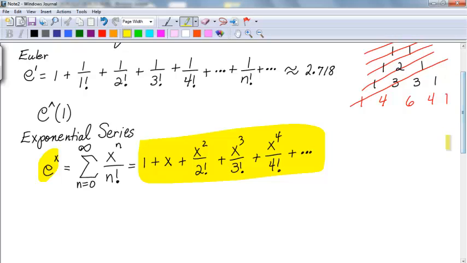Okay? The author will give you directions like this. Use the first 4 terms, or first 5 terms.